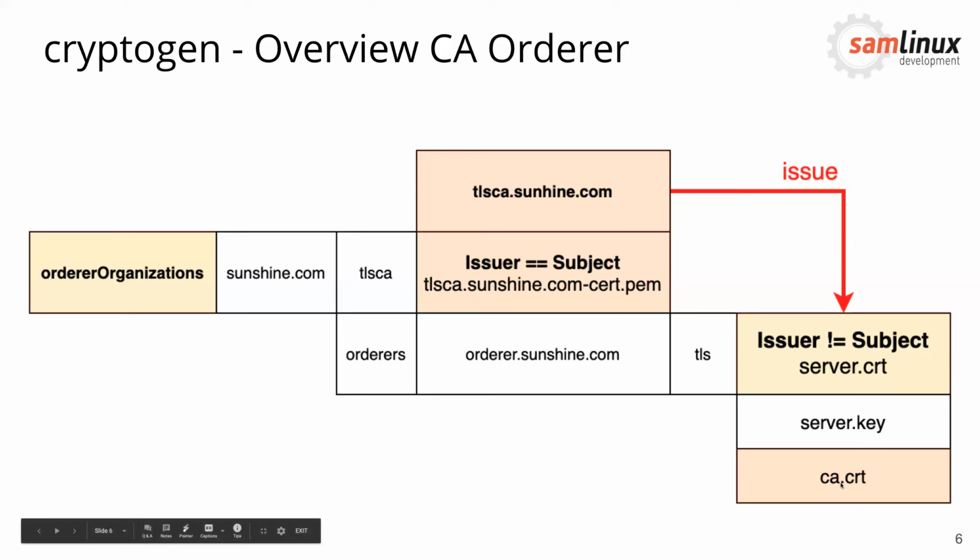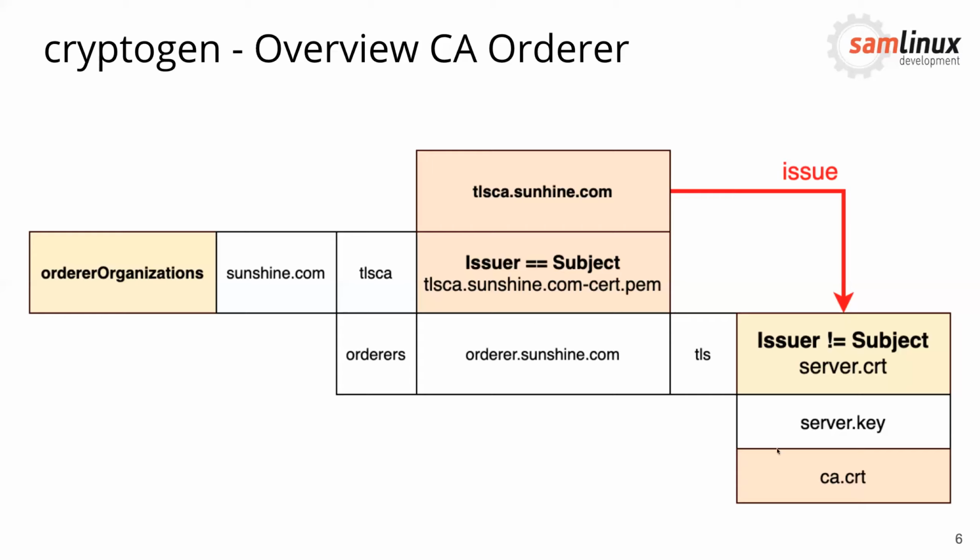So when we configure our system for TLS, then we can use this one for the orderer or this one. So it's the same. And later I will show you how you can inspect this with the OpenSSL tool. And then you can see it's exactly the same file and the same certificate.